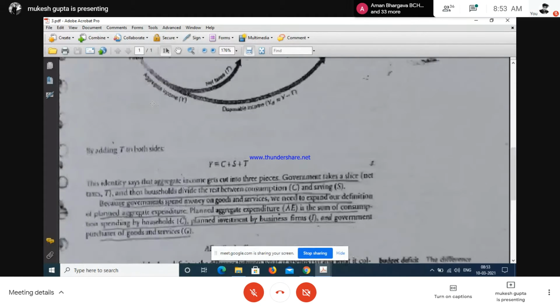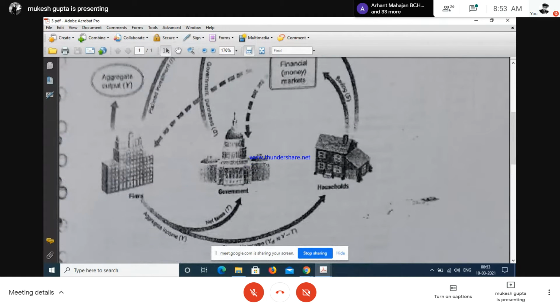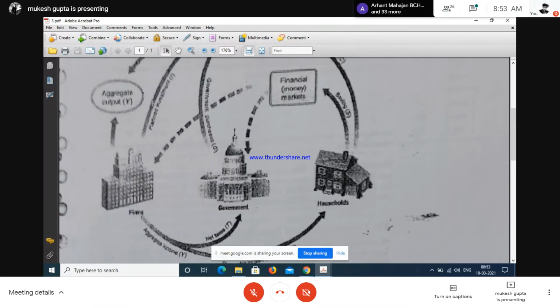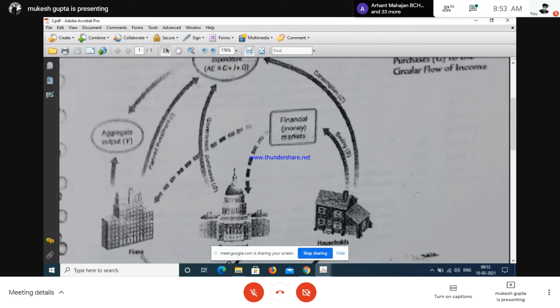Now in this flow chart you can see there are three agents. Actually, we are talking about the three sector model: the consumption sector, investment sector, and government expenditure sector. The mirror image is consumption, saving, and tax.